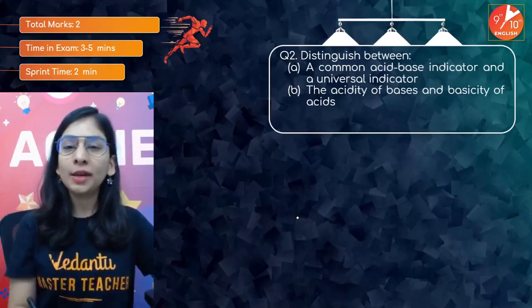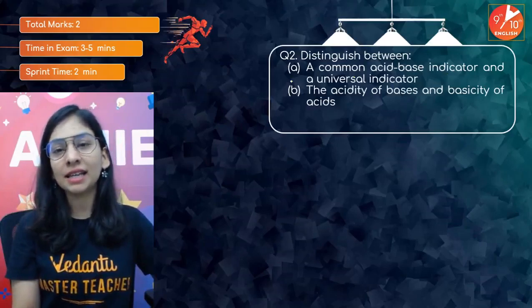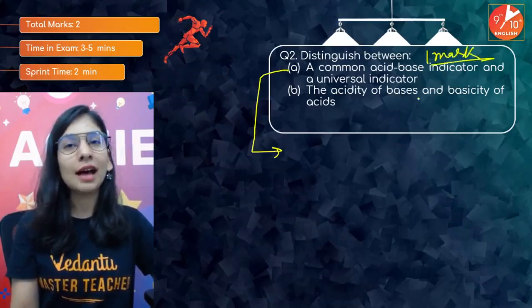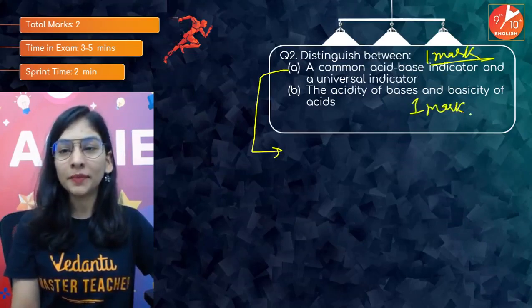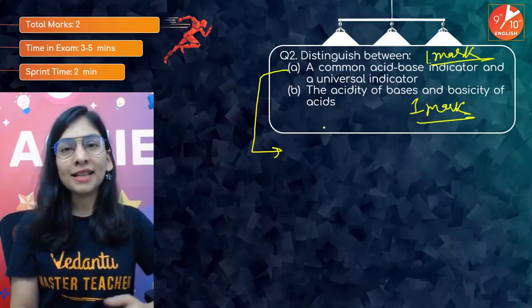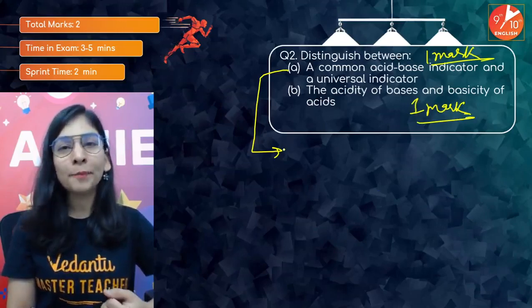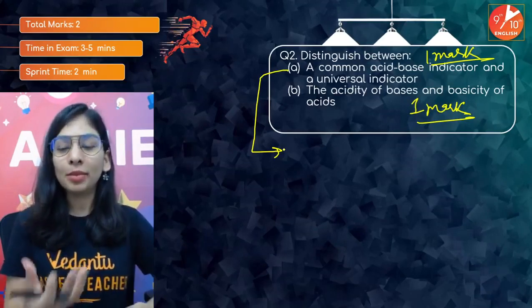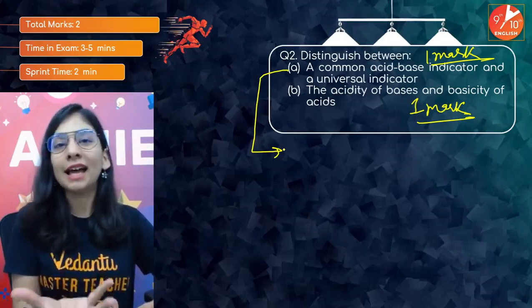So distinguish between a common acid base indicator and a universal indicator. Again, 2 marks. That means 1 mark you will get if you get this answer correct, and 1 mark for this one. A common acid base indicator could be an olfactory indicator, or a kind of indicator that is just telling whether the given substance is an acid or a base.